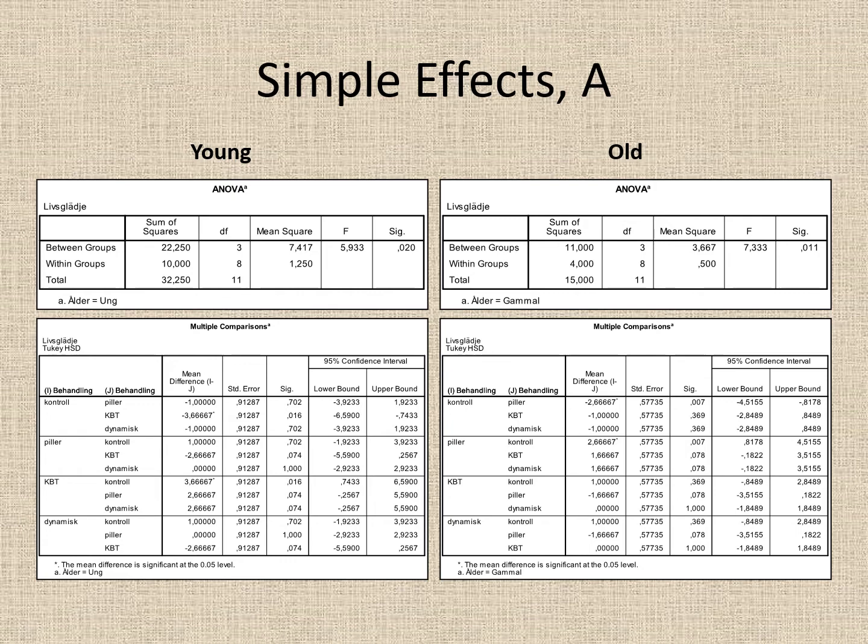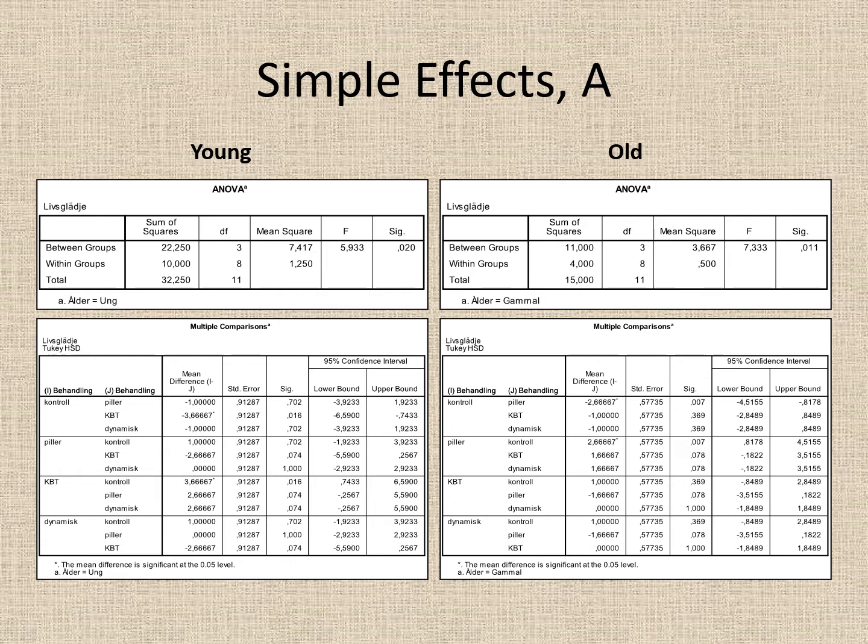How about older patients? Is there an effect of treatment? Nothing is good for older patients. Is there an effect of treatment? Because it might be that there is no effect. Is there any effect? Yes. And then we have a look at our post hoc test.